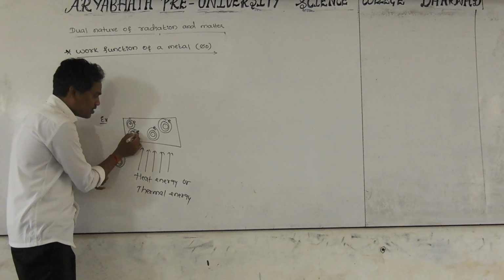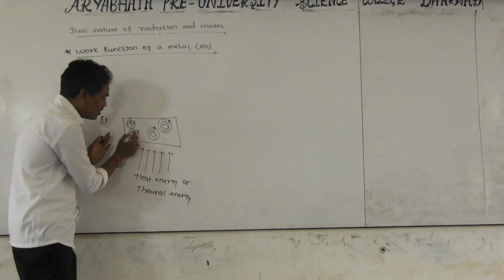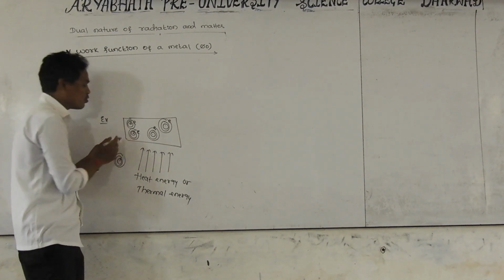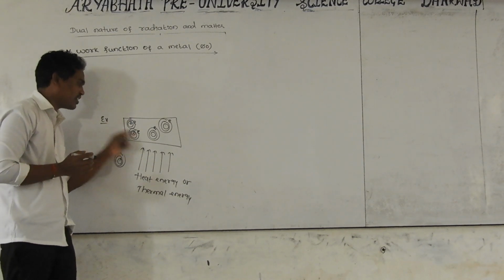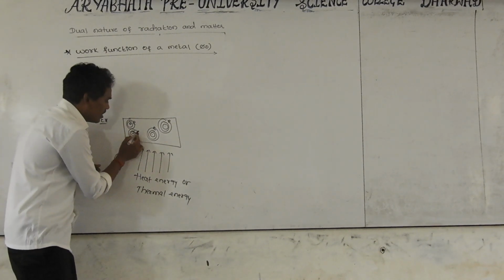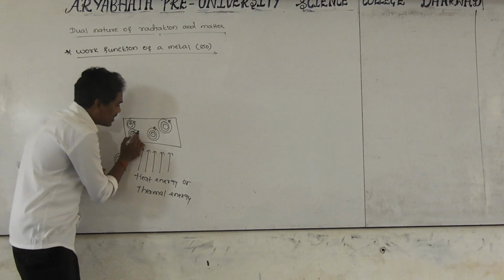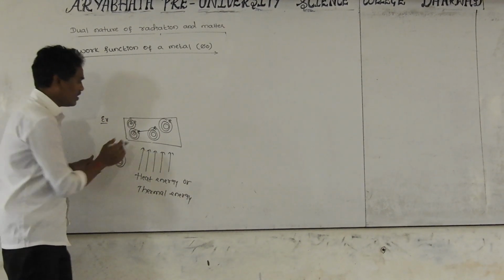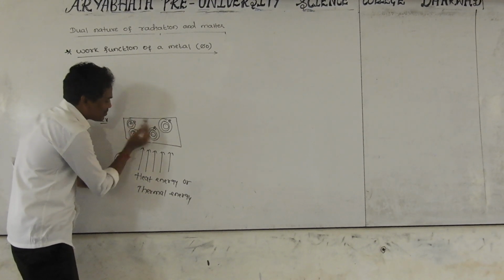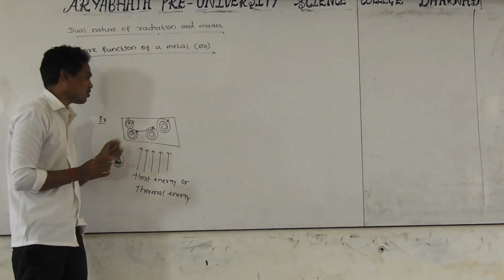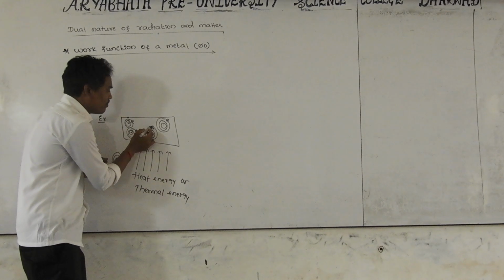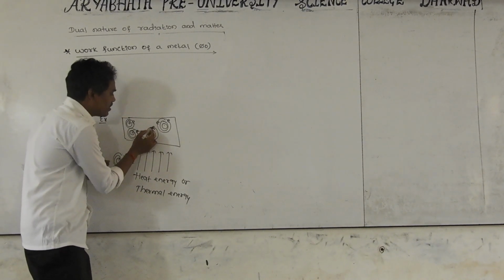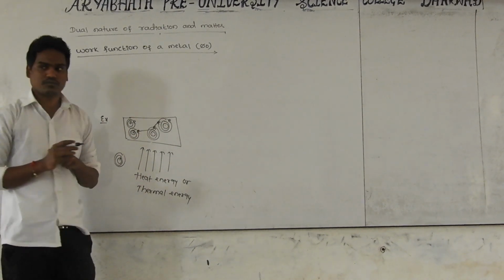This electron becomes free from the electrostatic force of attraction by the nucleus, and hits another electron of another atom. Whenever this electron transfers its kinetic energy to another electron, that electron also becomes free and again hits another electron of another atom.